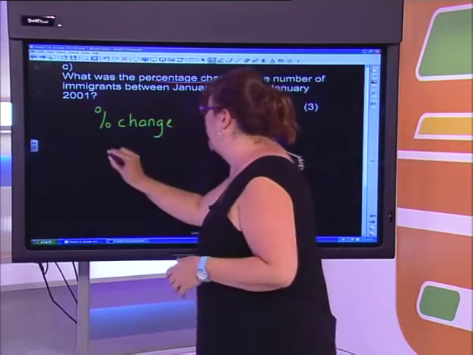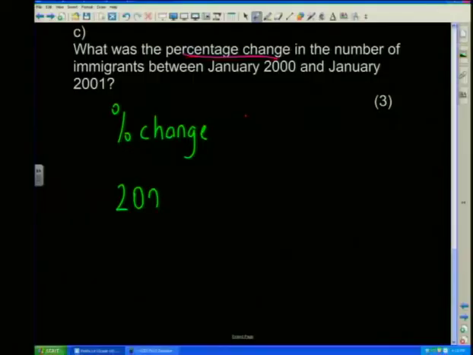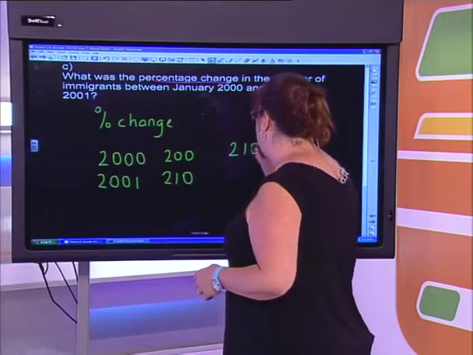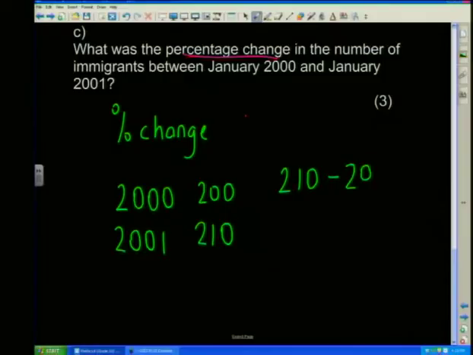So first of all, I'm going to write down my numbers. In 2000, I had 200 people, and in 2001, I had 210 people. And I want to know my percentage change. So I'm going to calculate what the change was. So the change was 210 minus 200. Then I need to divide that by my original number that I had.